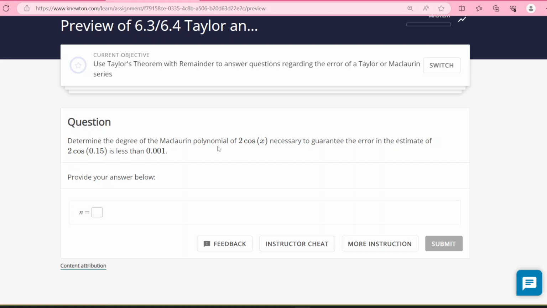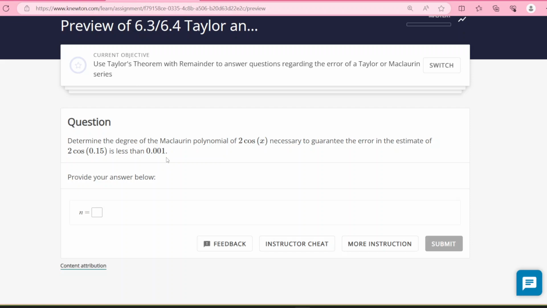That just means Taylor polynomial where a is 0, so centered at 0. So determine the degree of the Maclaurin polynomial of 2 cosine of x necessary to guarantee the error in the estimate of 2 cosine of 0.15 radians is less than 0.001.